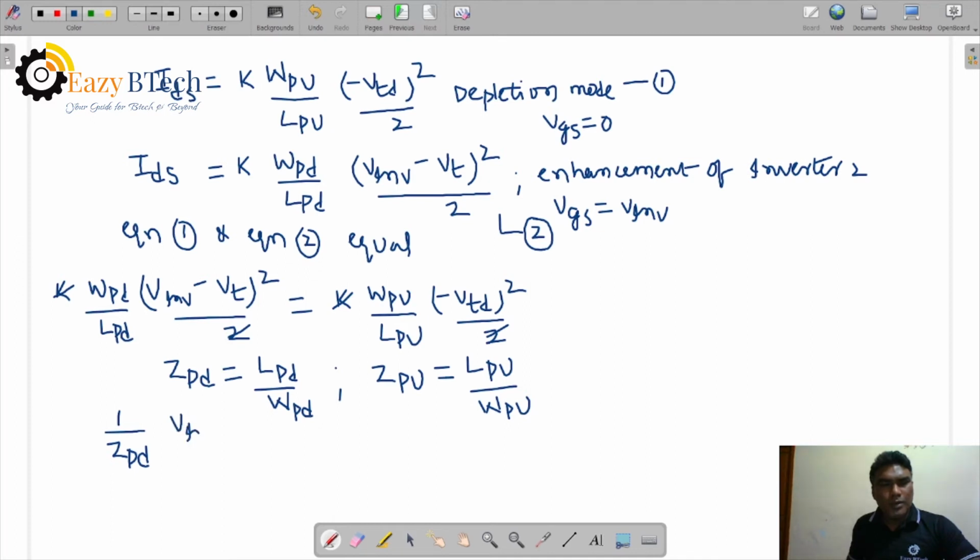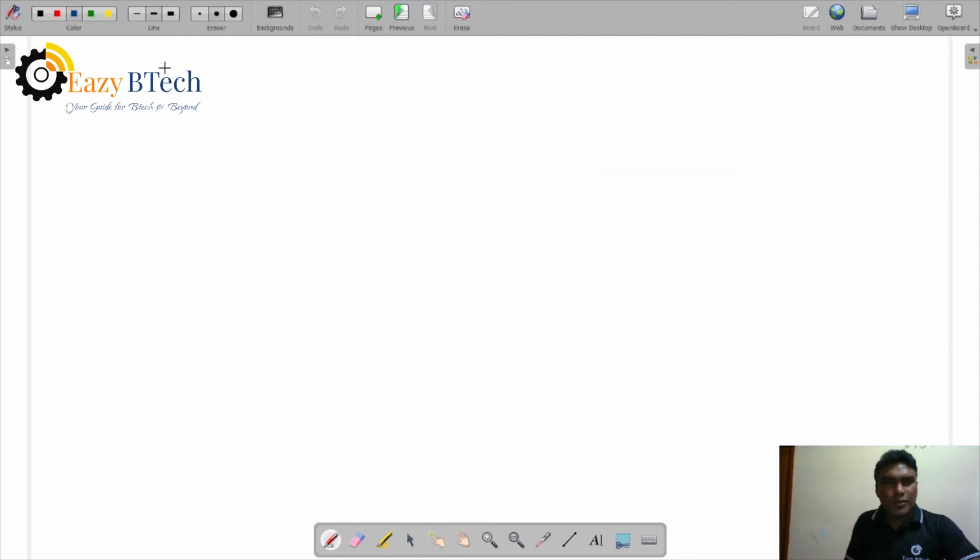Now 1 by Z pull down into V inverter minus Vt whole square is equal to 1 by Z pull up into minus Vtd whole square. Further simplification: take Z pull up to the left side, so Z pull up by Z pull down into V inverter minus Vt whole square is equal to minus Vtd whole square.